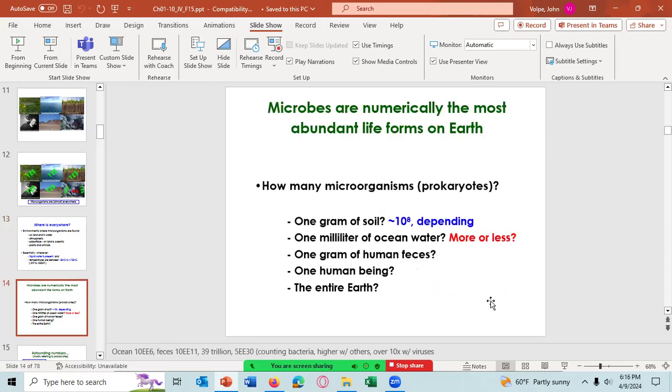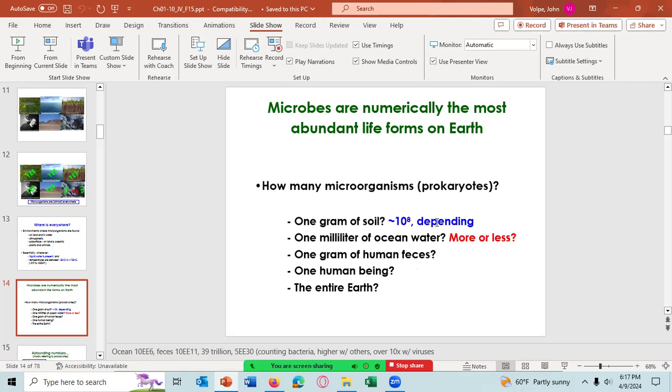How many microorganisms are present? In 1 gram of soil, we have about 1 times 10 to the 8th microbes. Now, this will depend on how much moisture is in the soil, how much organic matter is in the soil.